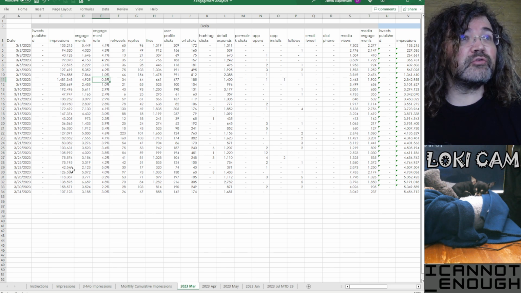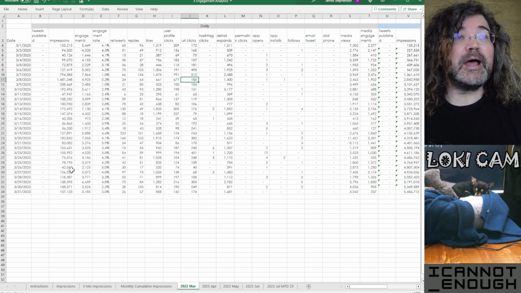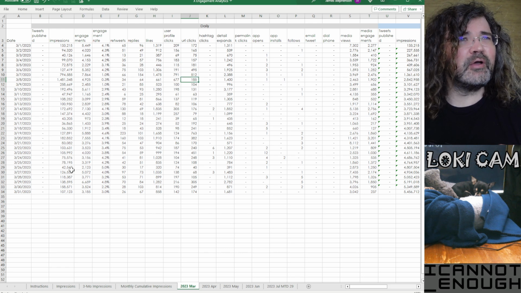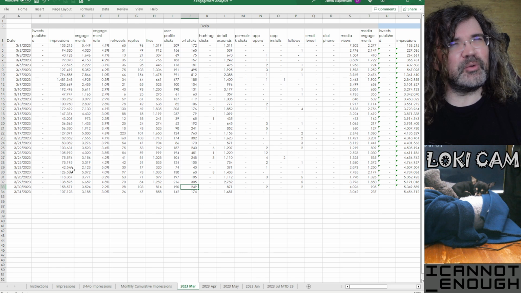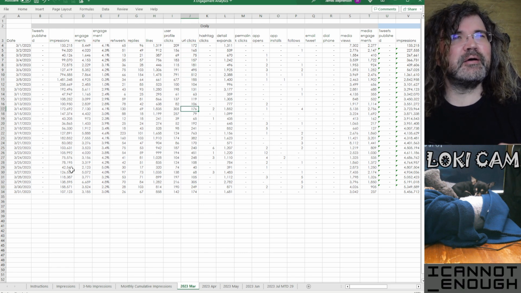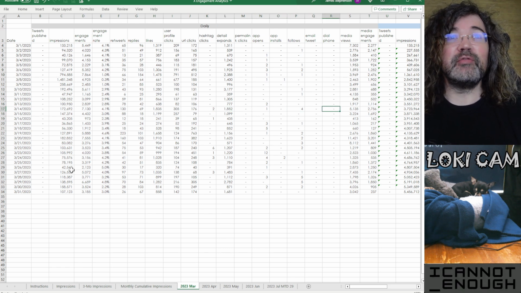Engagements right next to that. Engagement rate, retweets, replies, likes, user profile clicks, URL clicks, if you had URLs in your tweet, I guess. Well, it must include more than that, because I don't send URLs in tweets every single day, but there are counts here for that. Hashtag clicks, detail expands, etc.